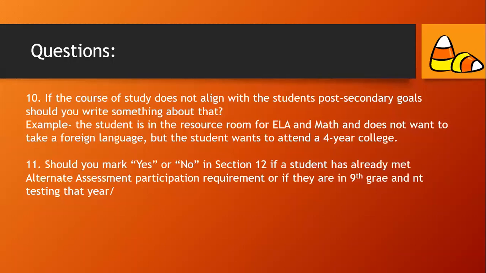It's a gen ed course of study with accommodations, I'm assuming, but just be aware that it's not necessarily going to align, especially with a pre-med goal, and it's not going to prepare them for what they have expressed as their post-secondary goal.